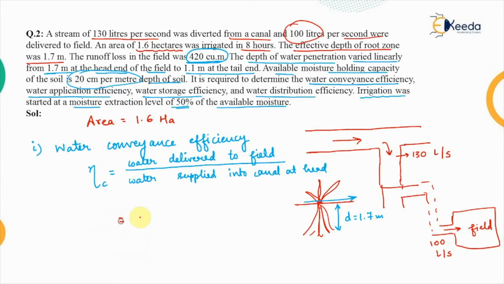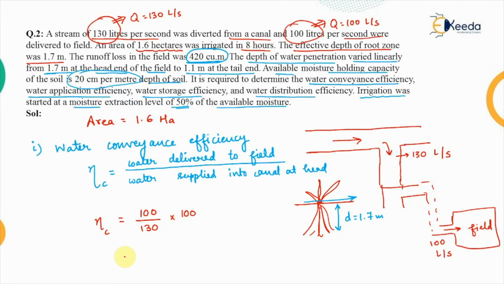Now we know that the water which was delivered onto the field had a discharge rate of 100 liters per second, and the water which was supplied into the canal at the head level had a discharge rate of 130 liters per second. So placing both of these values, this will be the water conveyance efficiency, and for calculating this value in percentage we need to multiply this ratio by 100.